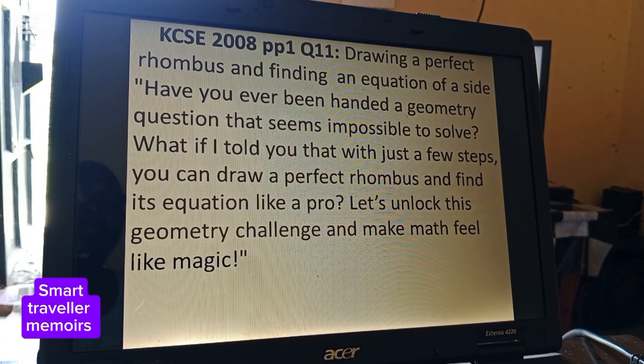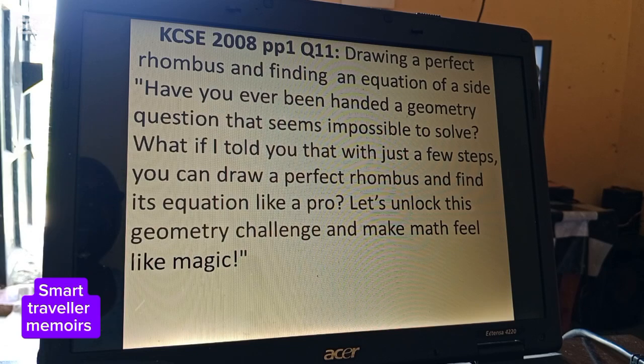Today, I just want to excite you by looking at a question of interest which was done in KCSE 2008 paper 1, question 11, where you are drawing a perfect rhombus and finding an equation of the side.